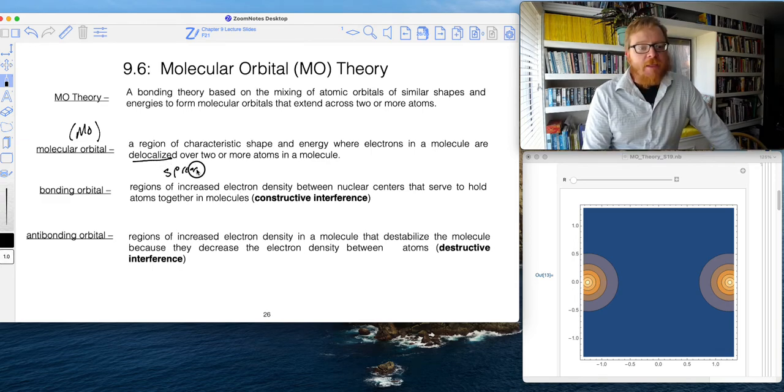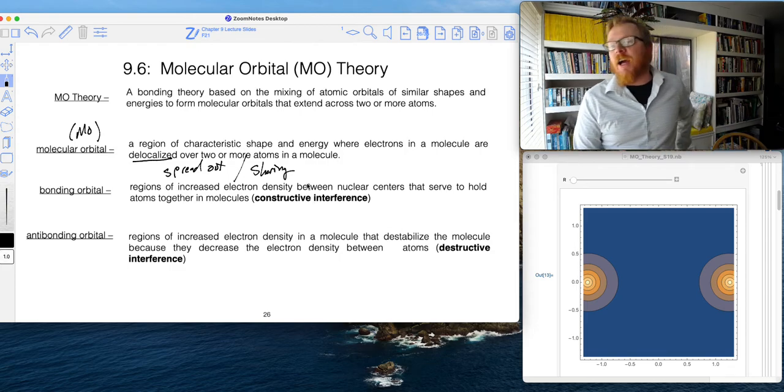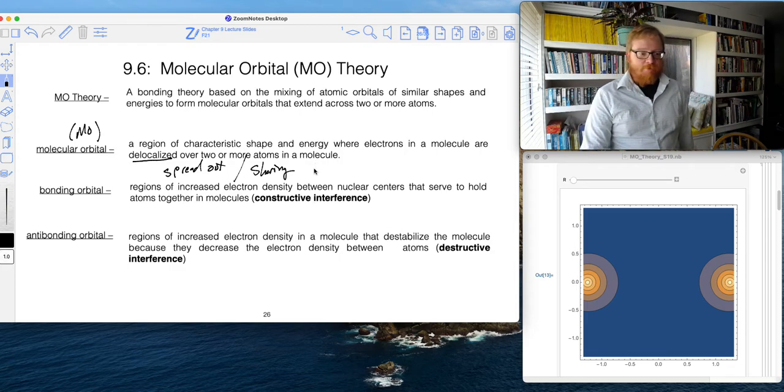That means spread out, or even sharing, right? So we're talking about making a covalent bond here. A bonding orbital is a region of increased electron density between nuclear centers that serve to hold the atoms together.